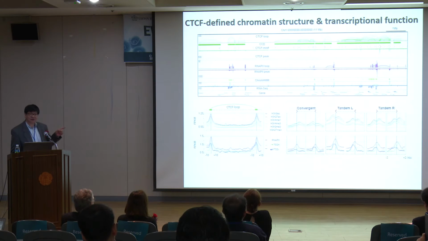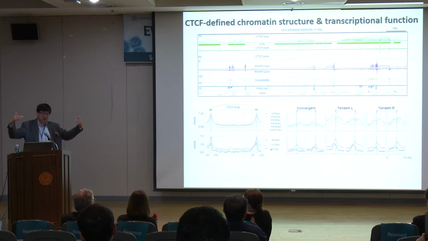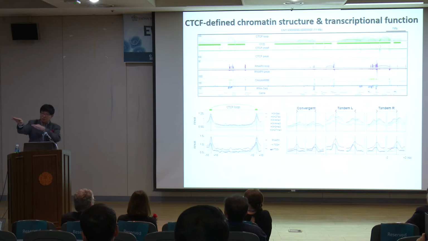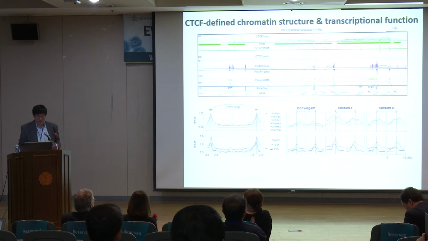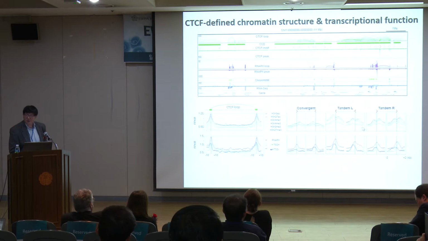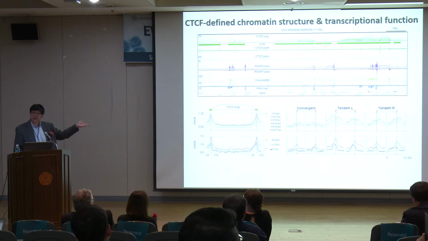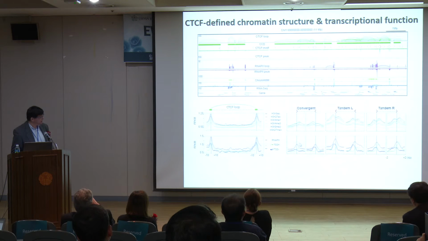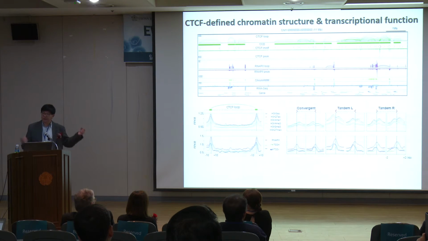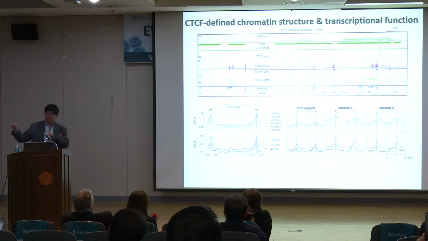And this is very interesting: compared to the tandem structures with the converging ones, we see most of the transcriptional activities, including RNA-Pol2 activity and even the presence of gene promoters, concentrated within the CTCF anchor region, particularly in the tandem CTCF orientation structures.